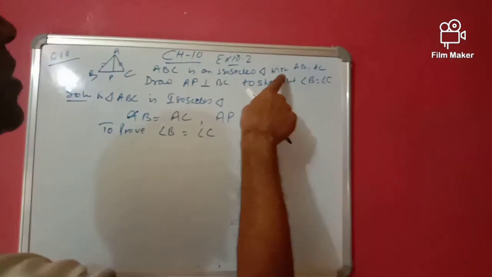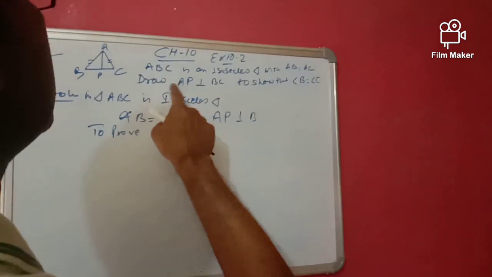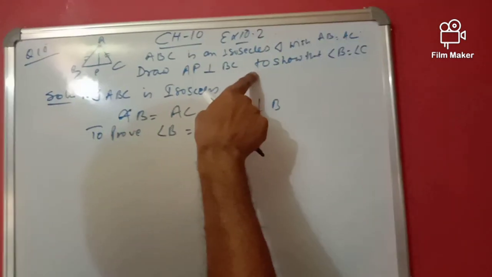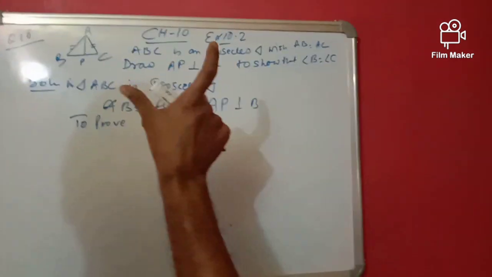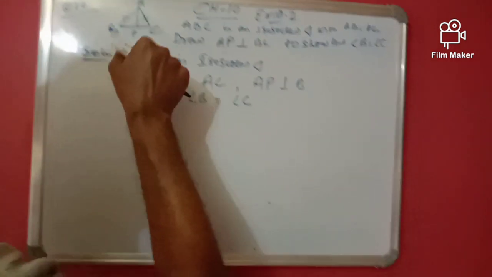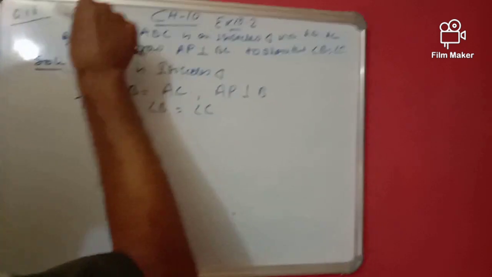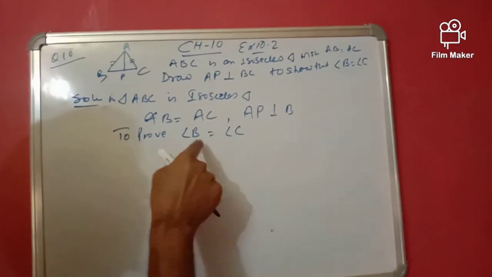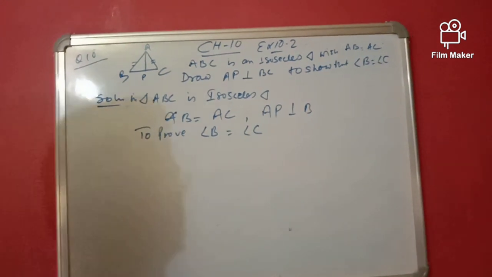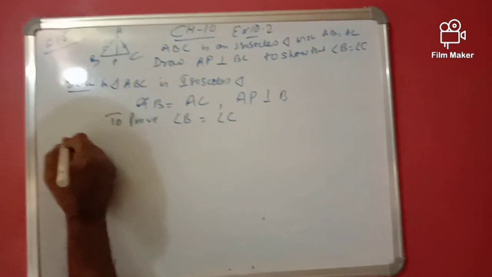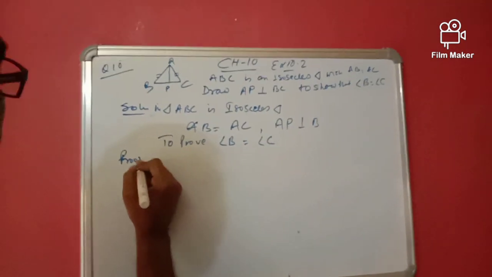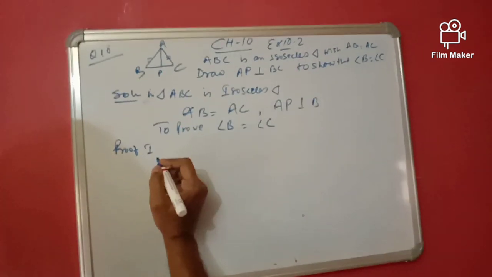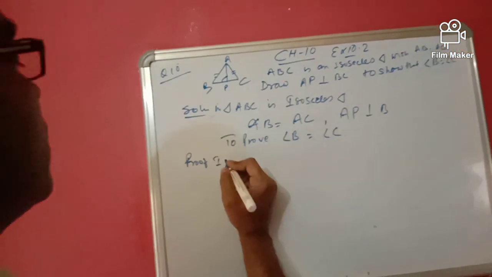Now we will go for the next question. It is given ABC is an isosceles triangle with AB equal to AC, AP drawn perpendicular to BC, so that angle B equal to angle C. First of all, you draw the figure, write down what is given. In triangle ABC, an isosceles triangle, therefore AB equal to AC, AP perpendicular to BC. So I am going for proof.